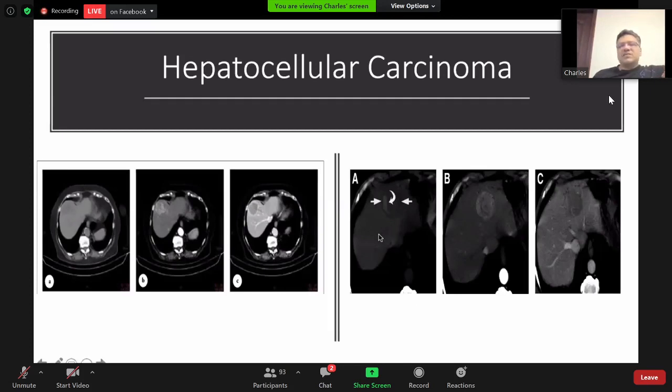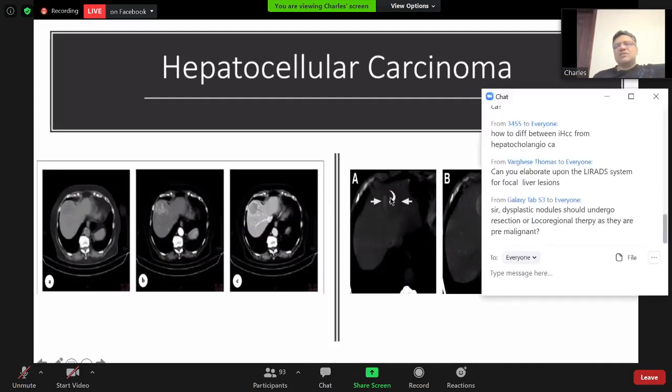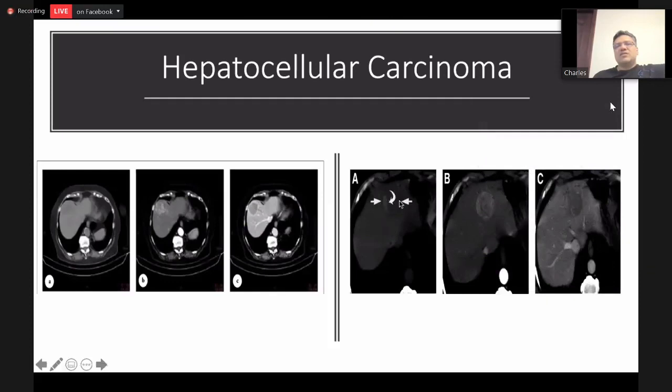Another feature that helps to differentiate hepatocellular carcinoma is the presence of hemorrhage into the tumor. So in the non-contrast image, you can see a hyperdense lesion within the tumor here, suggesting there's a hemorrhage in the tumor. And in contrast, there's arterial hyperenhancement, venous washout, and there's a bleed into the tumor.